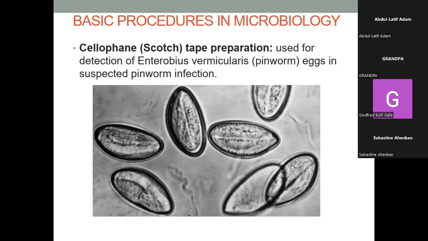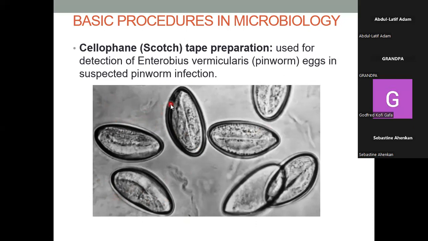So the eggs are deposited at the perineal area, and the flattened portion is adhesive, it is sticky. So the eggs are laid at the perineum, and the flattened portion is very sticky, so they stick to the anus.